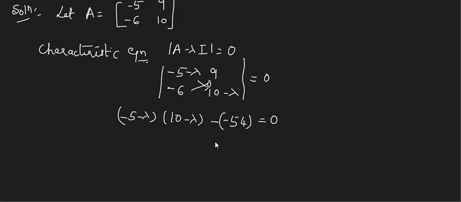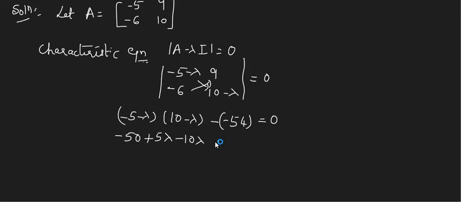Just multiply the terms. -5 into 10 is minus 50. -5 into minus lambda, I'm multiplying two brackets, is plus 5 lambda. Then minus lambda into 10 is minus 10 lambda.